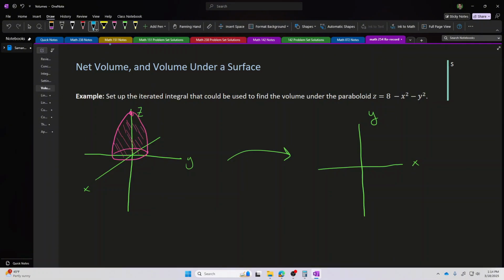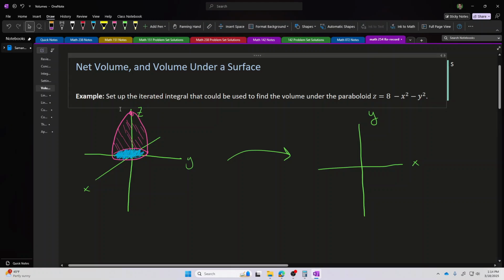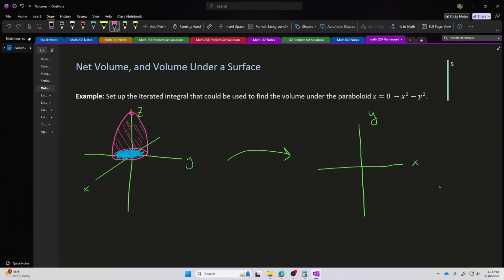Now, the region R for this problem is going to be the set of all inputs x and y for this 3D object. In other words, the region of integration R is going to be, in some sense, the shadow of this 3D region on the xy plane, which I've shaded here in blue.